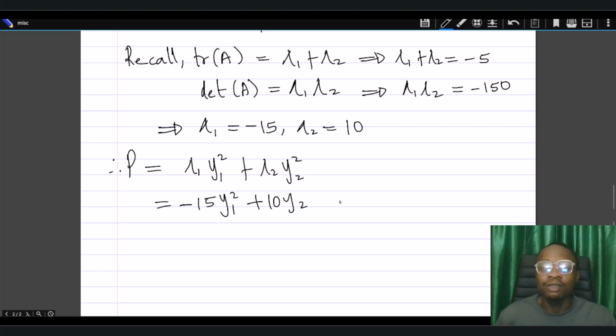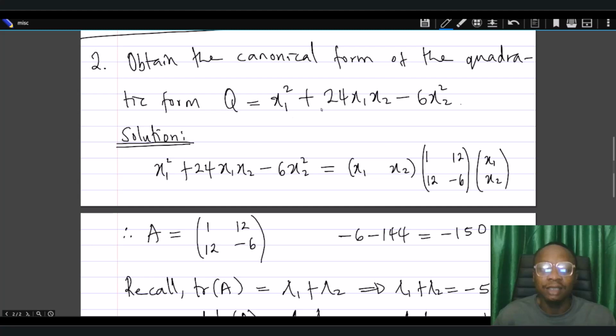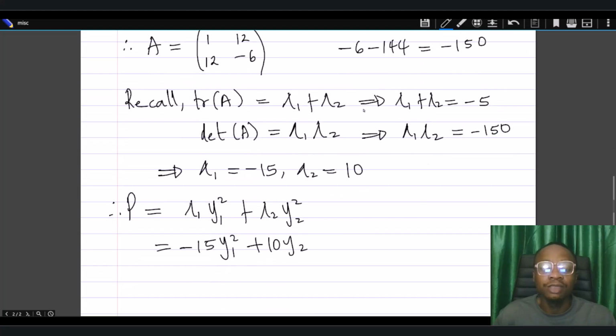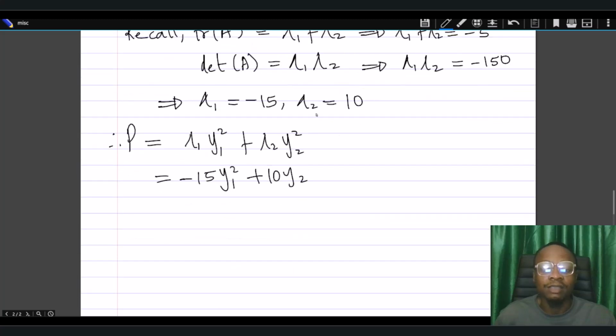It has to do with us actually getting what we call an orthogonal diagonalizing matrix, and then getting a substitution from that which, when inserted here, would reduce that quadratic form to a canonical form. That is, to get rid of the cross product term we have there. But we don't have to bother about that for a problem like this, because we just need the final result.